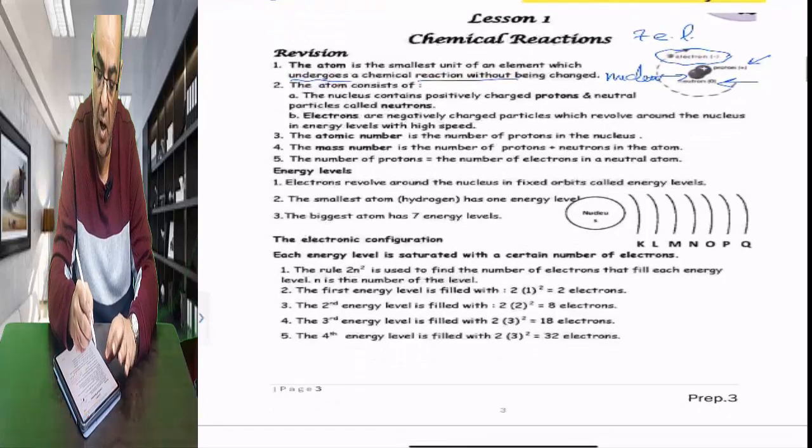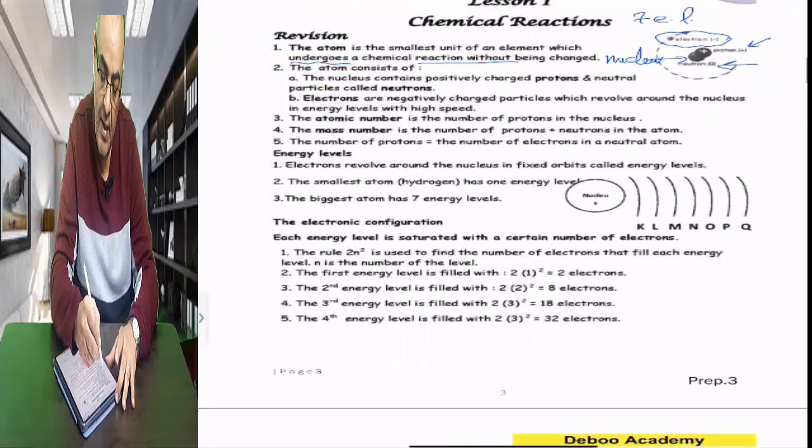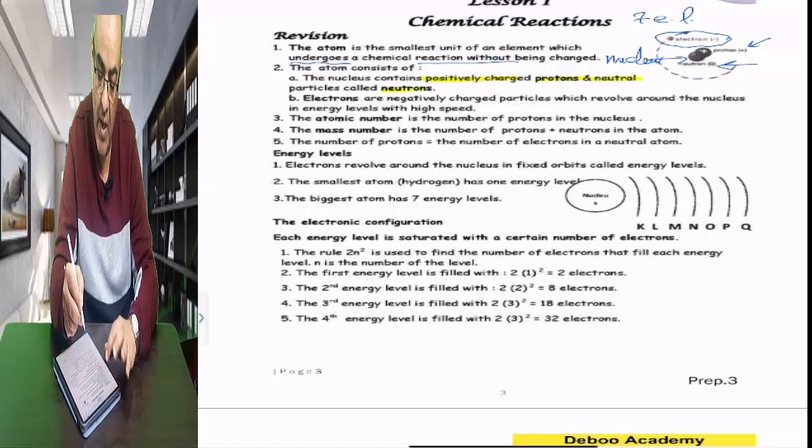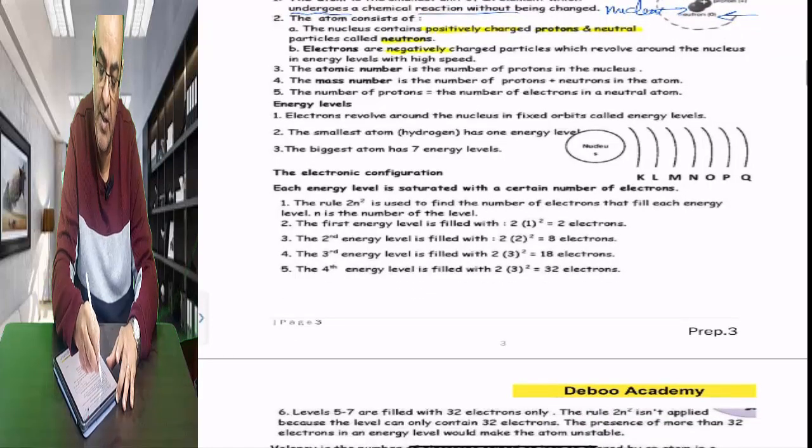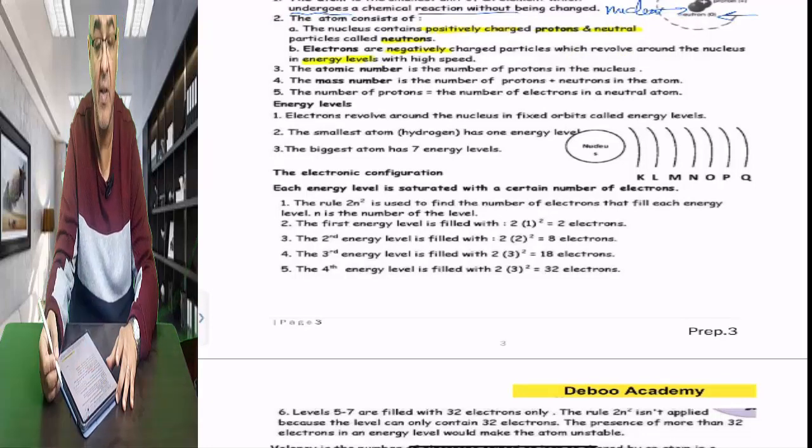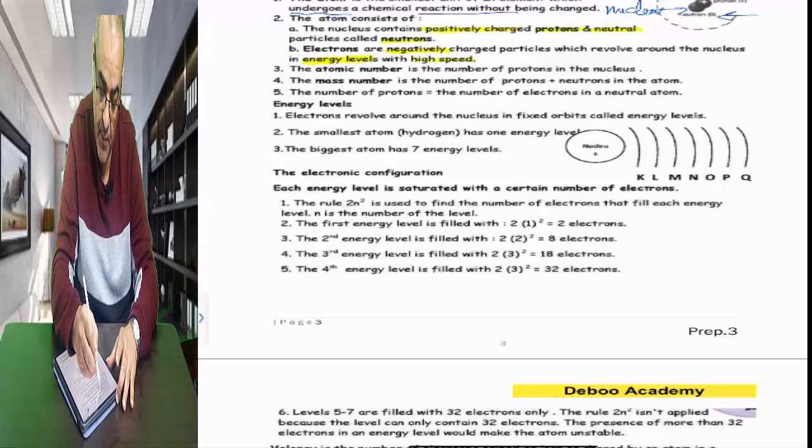Electrons are negatively charged particles which revolve around the nucleus in energy levels at high speed.